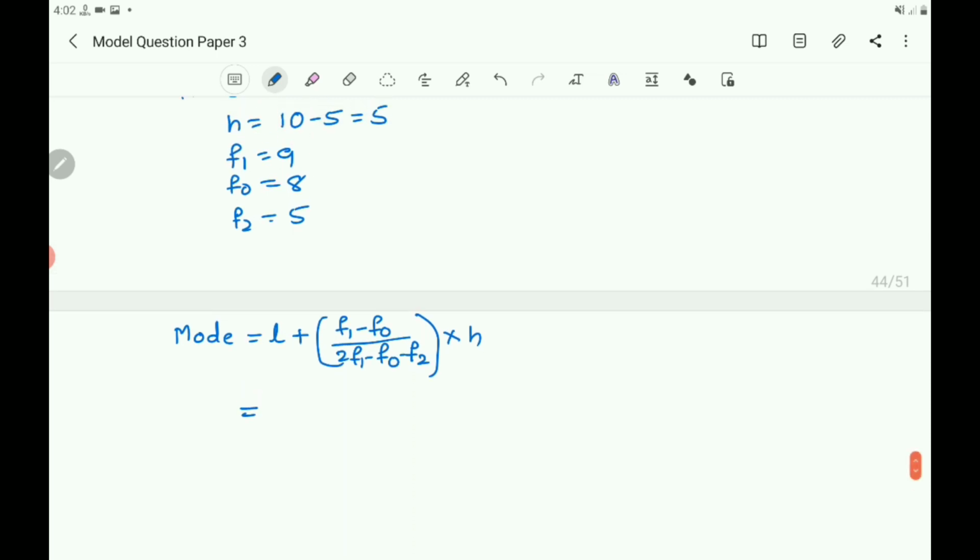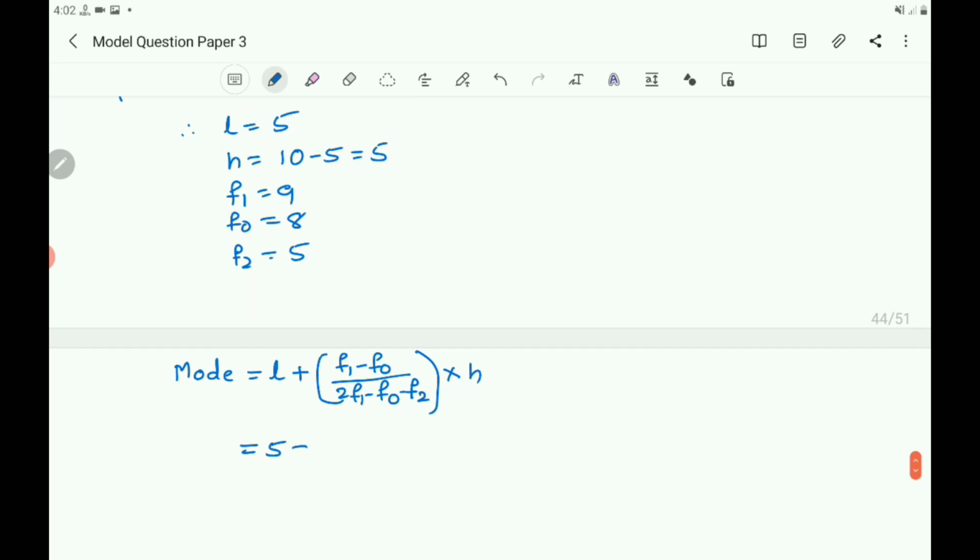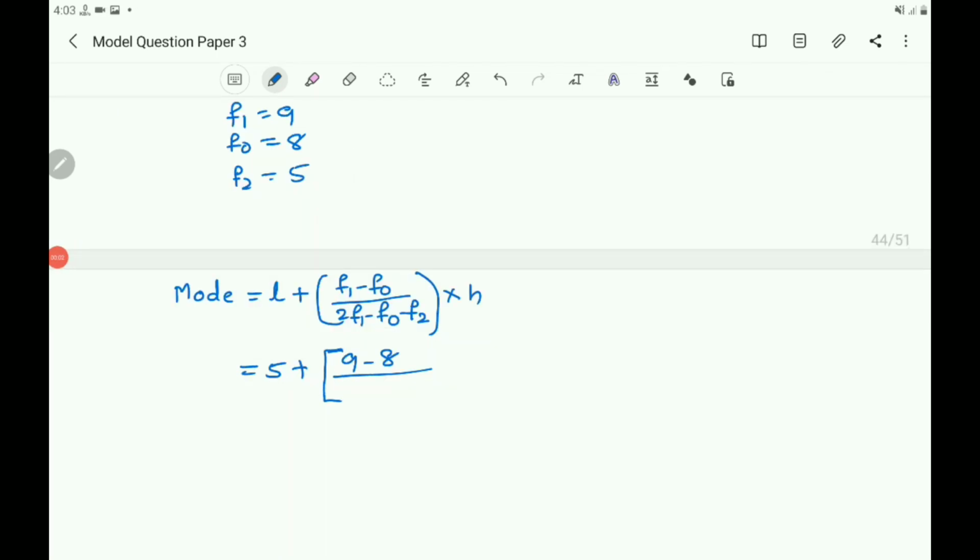Then L is 5 plus, f1 is 9 minus f0, that is 8, by 2 into f1, that is 9, minus f0, that is 8, minus f2, that is 5, into h.